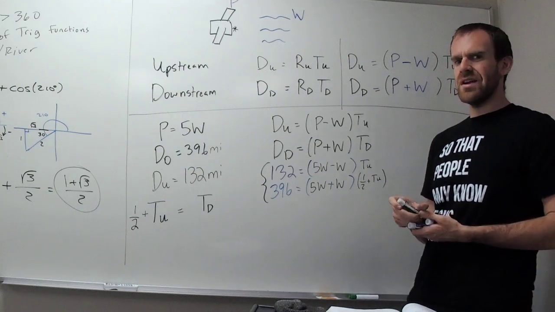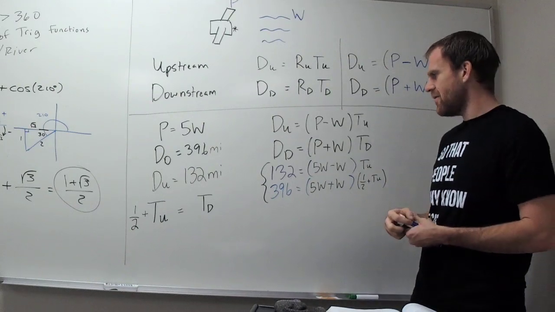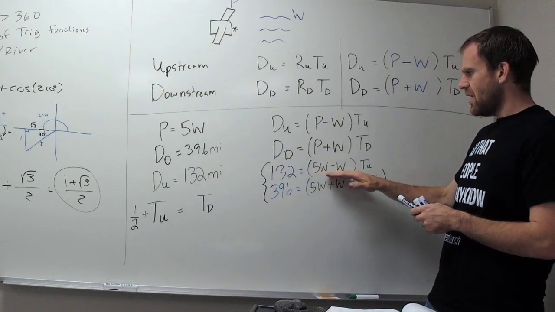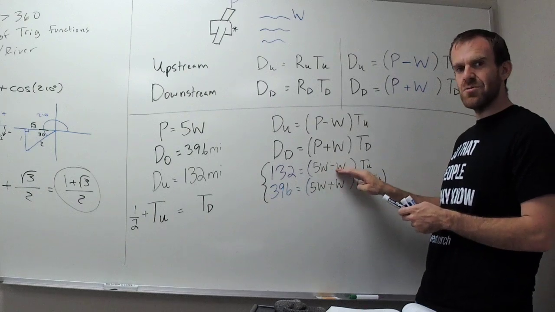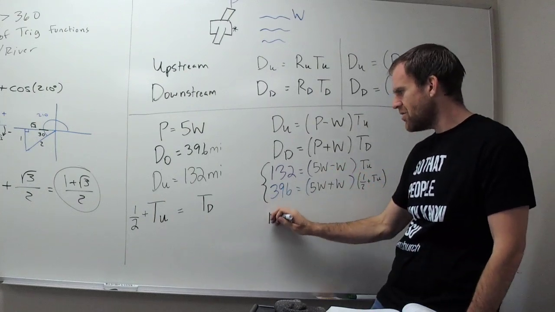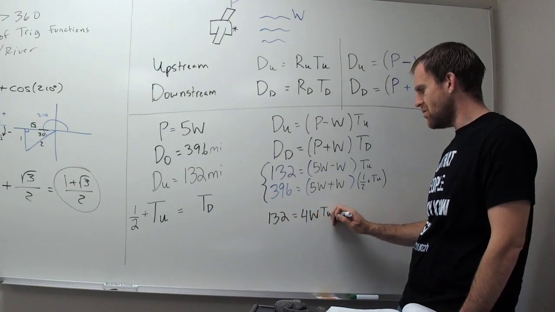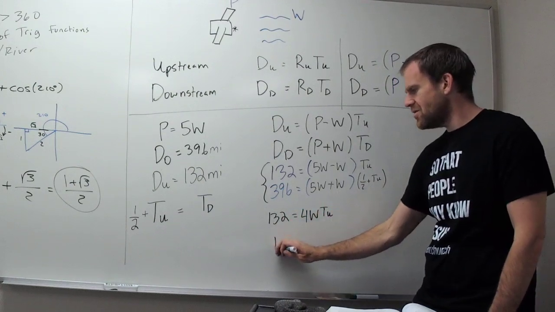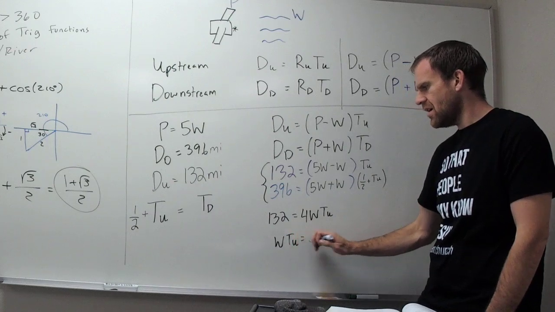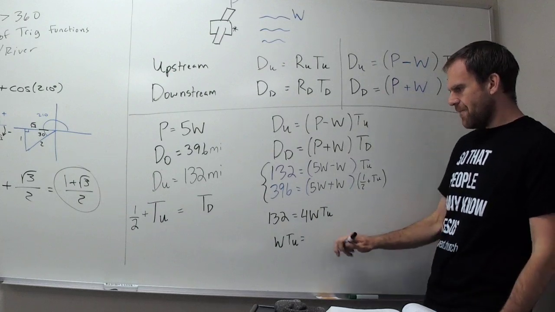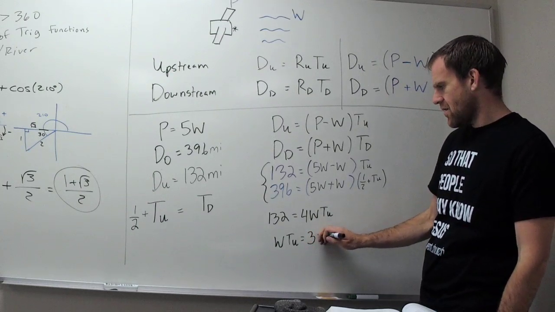There's one more trick in these problems that you need to be aware of in order to get them right. And that is as follows. If I evaluate this, 5 minus 1 is 4. So I know that 132 is 4WTU, or WTU equals 132 divided by 4. What is that? It looks like 33.